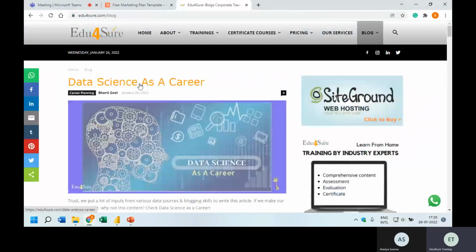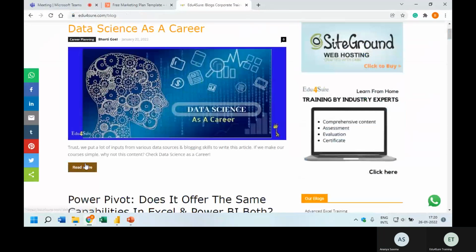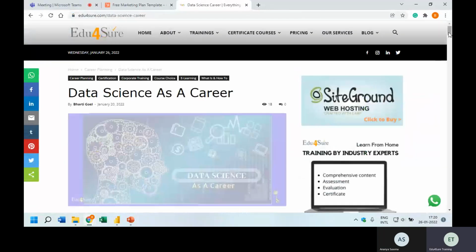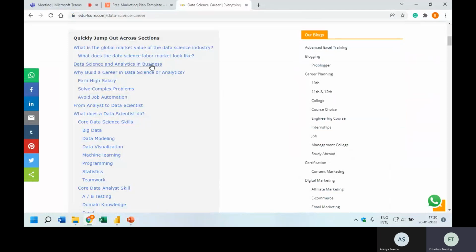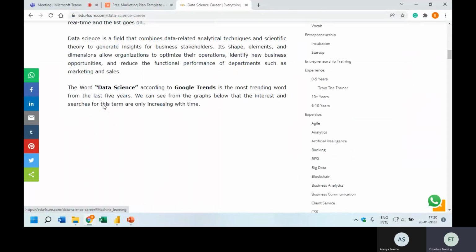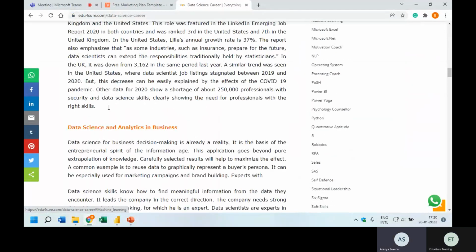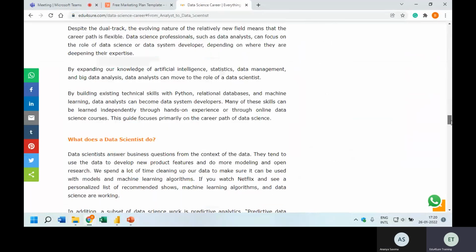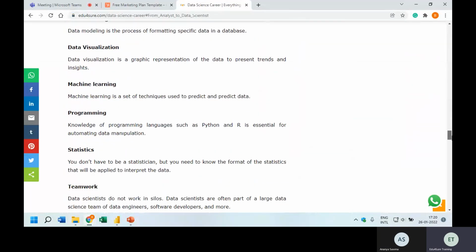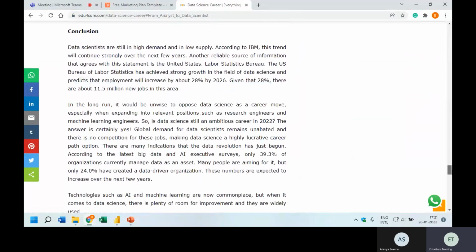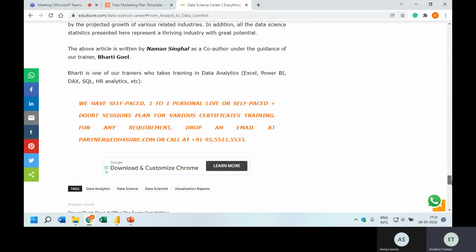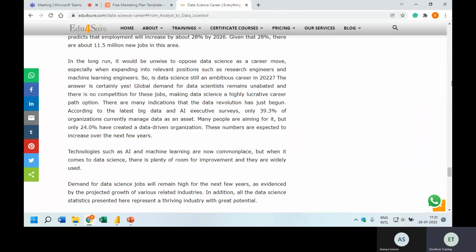Here we mentioned all the information: what is the market value of the data science industry, then data science in business, what are the different job options, what data scientists do, what their skills are, and in this way a very detailed article, and then a conclusion. So in this way we wrote this article.